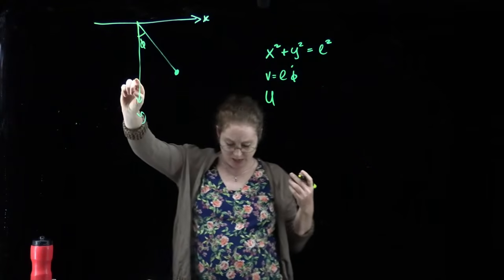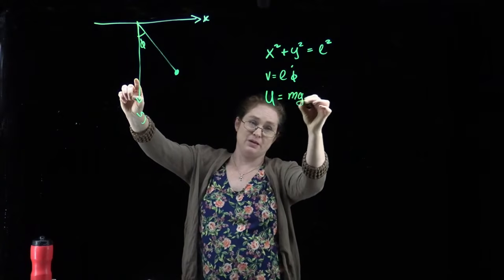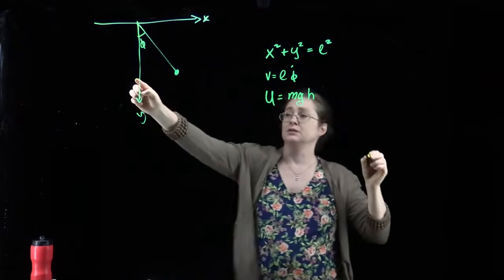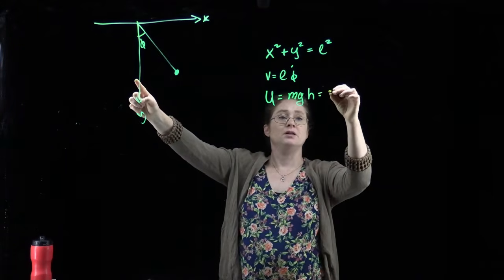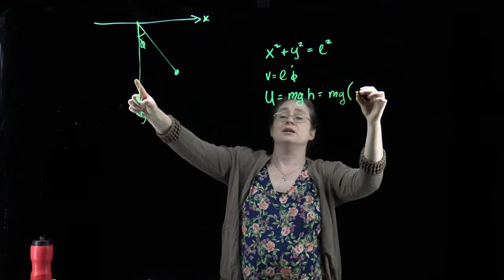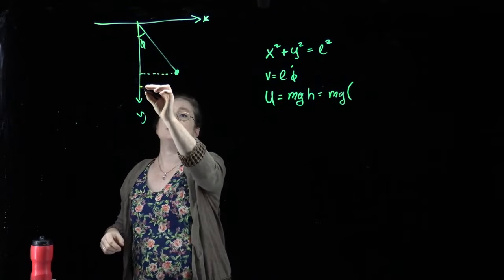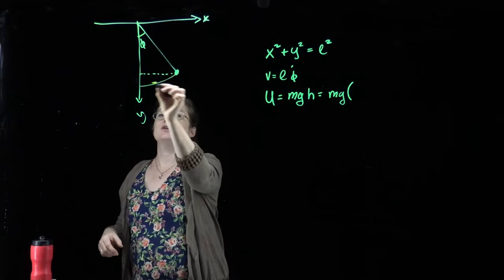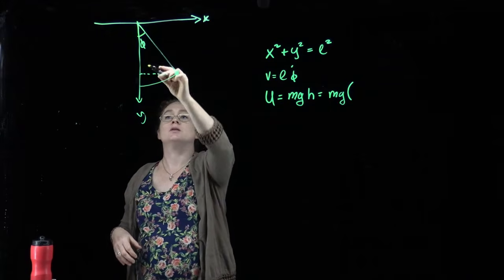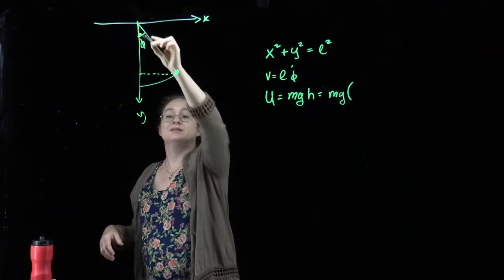So first of all, we're going to go with the form mgh, whatever that height is, and then this is going to be mg, and then the length. So here, if we make a triangle, this is the length L, and then we're going to subtract off this length.